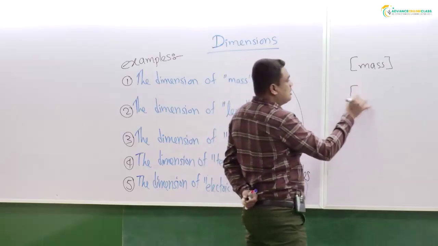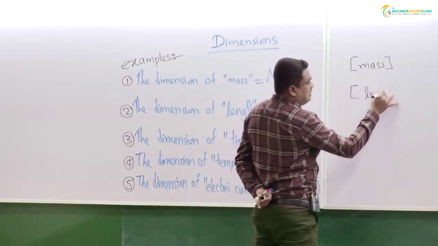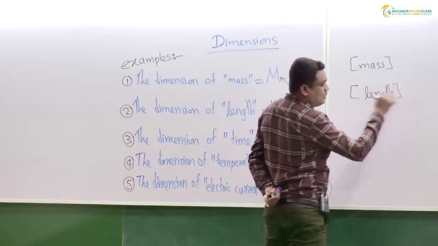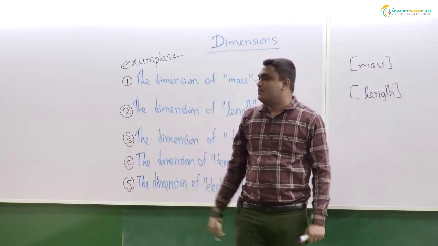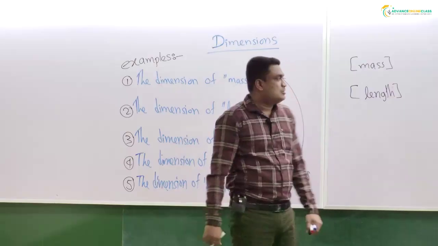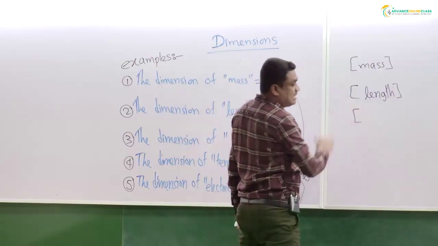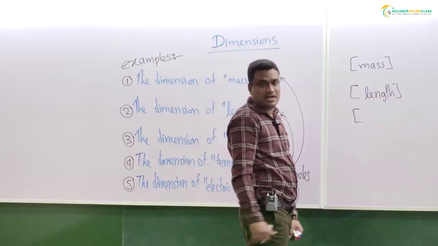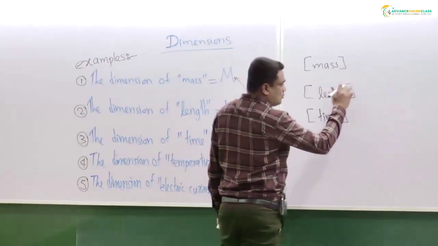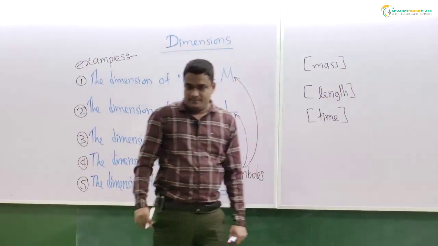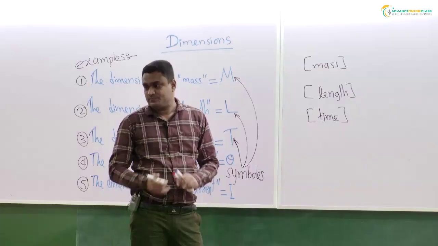To say dimension of length, we should write length inside square brackets. It's a method to represent, right? Short and sweet, we can save time. How to say dimensions of time? Write time inside square brackets. Got it?